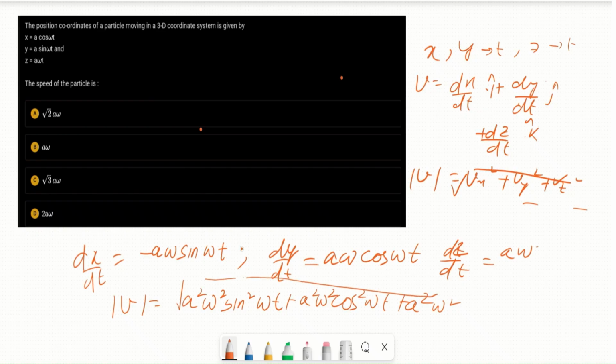And from here, sin square omega t plus cos square omega t will be 1. So we can take it common and then we get square root of 2 a square omega square, right? A square omega square is already here and a square omega square comes out from here. So nothing but we get root 2 a omega.